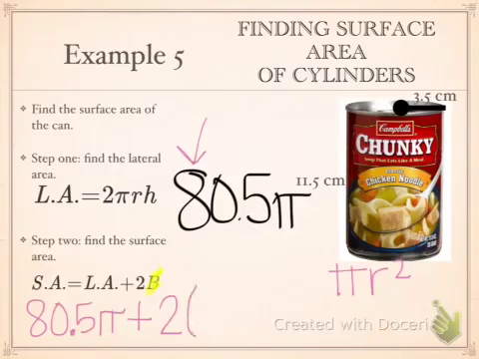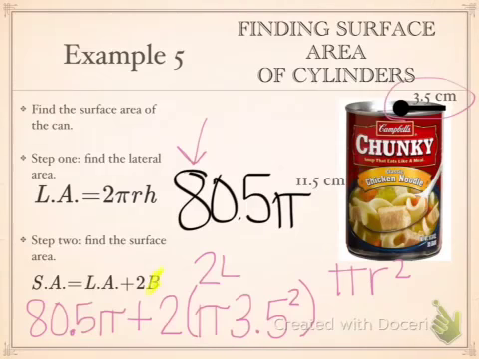So 2 times pi, and then my radius, which is 3.5 centimeters, so 3.5 squared. And don't forget that for order of operations, you need to square before you multiply by 2. So 3.5 times 3.5, I believe, was 12.25. And then times 2 is going to be 24.5 pi.